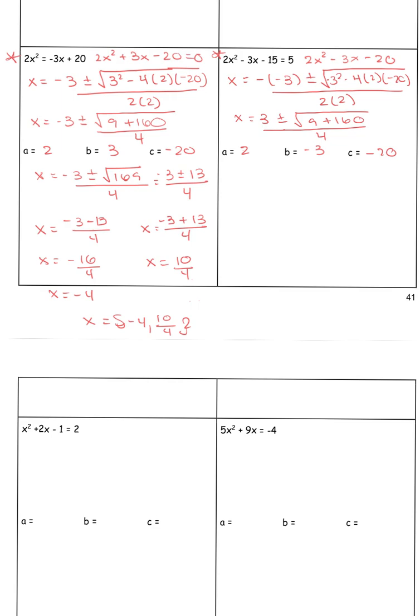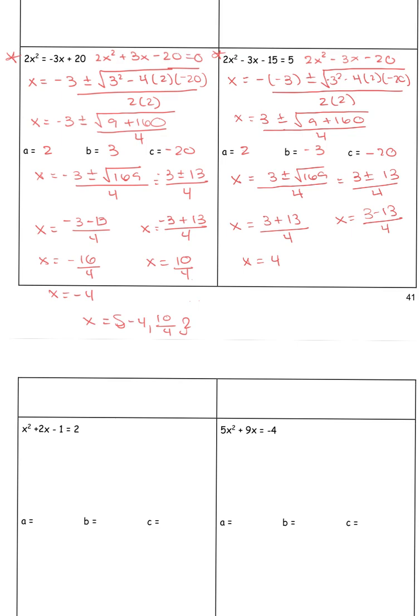Running out of space, going to move down here. Simplifying some more, I have 3 plus or minus the square root of 169 all over 4. Simplifying some more, I have 3 plus or minus 13 divided by 4. So breaking up my two factors, I have x equals 3 plus 13 divided by 4, and I have x equals 3 minus 13 divided by 4. 3 plus 13 is 16, and you get 16 divided by 4, which gives you a positive 4.